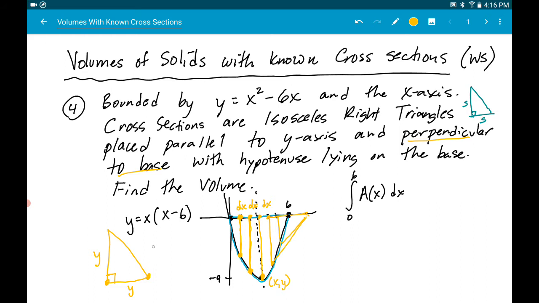So the area would be the area of this triangle, 1/2 base times height. If it was a square, it would just be y times y. This is like a square cut in half. So I'm going to take this discovery.